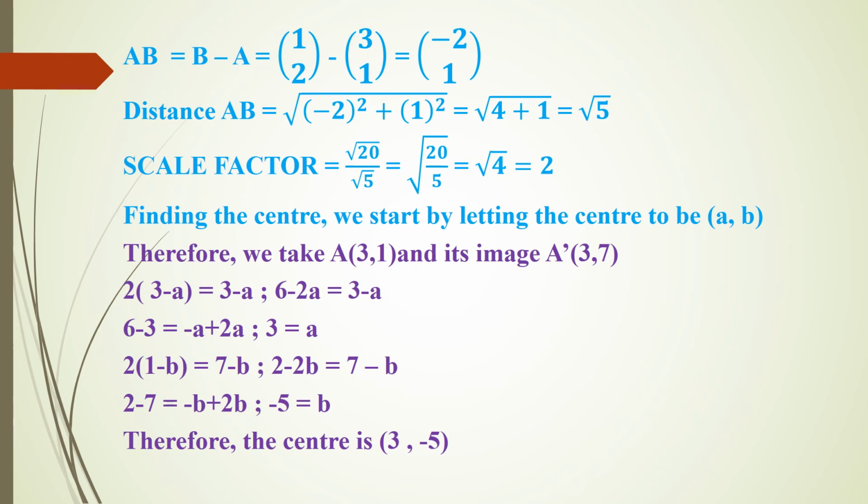Now, if you multiply 3 minus a times 2, you get 6 minus 2a, which will be equivalent to 3 minus a. You put like terms, 6 minus 3 will give you minus a plus 2a. And then finally, you obtain 3 as your a.